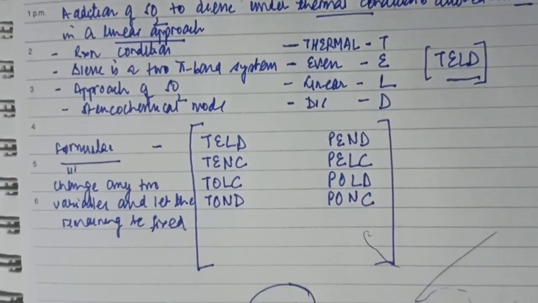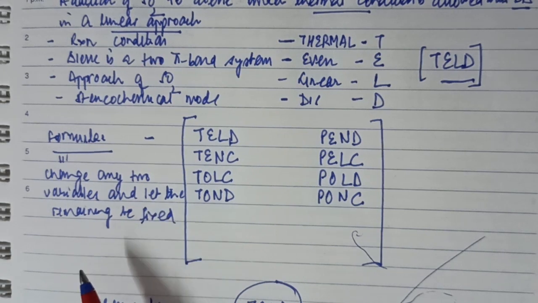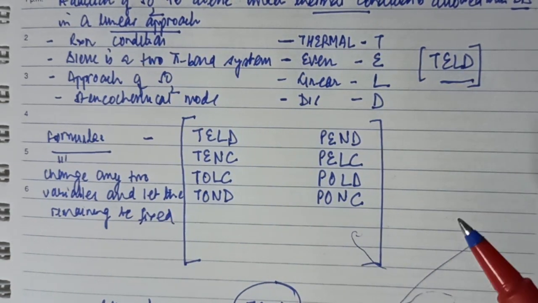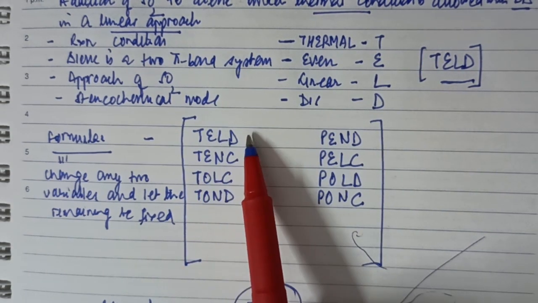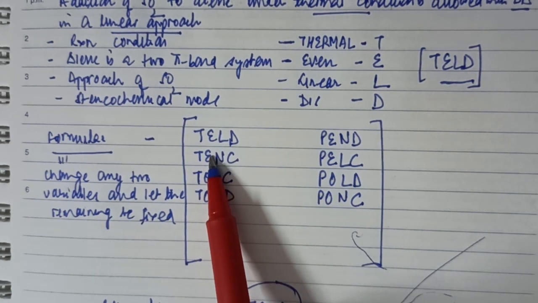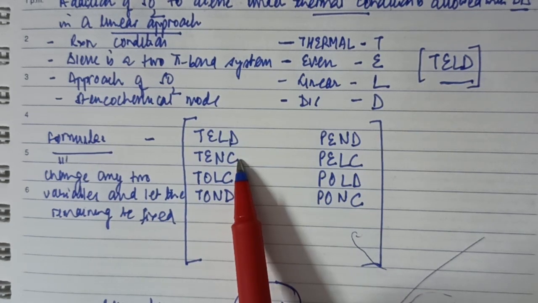And again, the formula rule remains the same: change any 2 variables and let the remaining be fixed. Therefore, from one formula I can create a number of formulas. For example, if I keep T fixed, TELD was my formula, thermal is fixed, E becomes even only, let's say do not change it, therefore linear becomes non-linear, disrotatory becomes conrotatory.